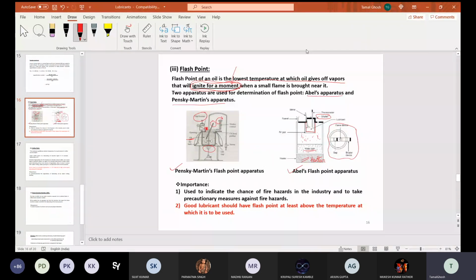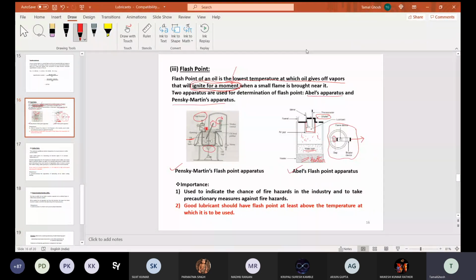For this shutter, you have to pull it, and an opening will appear. If you release it, it will go back. So the shutter will be opened, and there will also be a burner here.